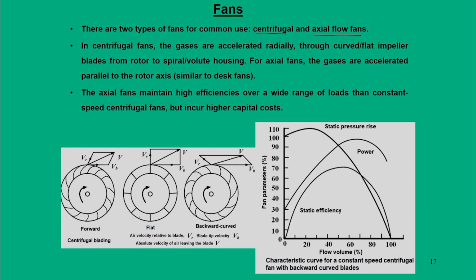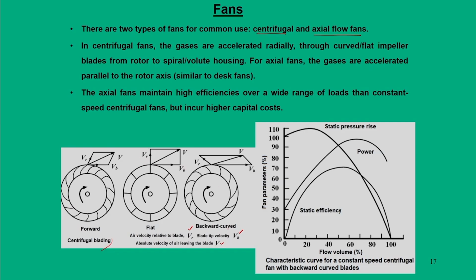In centrifugal fans, as you see in this figure, the gases are accelerated radially. If you look at this particular figure of centrifugal blading, the absolute velocity of air leaving the blade is V, blade velocity is Vb and relative velocity is Vr, so we can form a velocity triangle involving Vb, Vr and V. With forward blading, you can see this velocity triangle diagram, but when you have a flat blade, we can see the direction of Vr, Vb and absolute velocity.